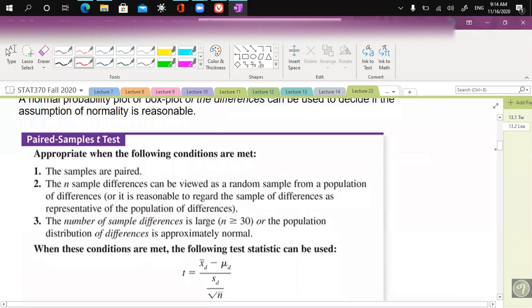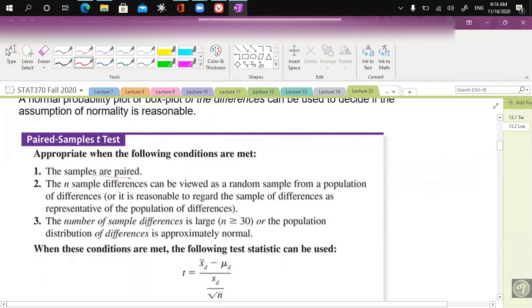Okay. Now, for every inference, whether it's a hypothesis test or a confidence interval, we have conditions that we need to check before performing the calculation or before reaching the conclusion. And for this paired sample t-test, the first condition is that the samples are paired.